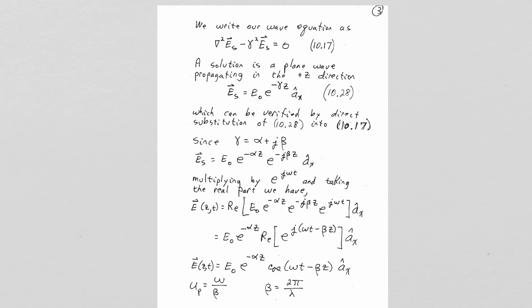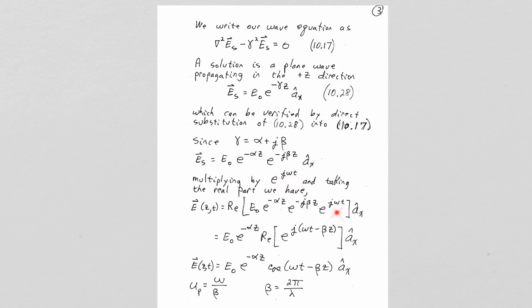This solution will play the role that our plane wave did in the lossless case. Let's rewrite gamma as alpha plus j beta in our solution, and then multiply by e to the j omega t and take the real part.